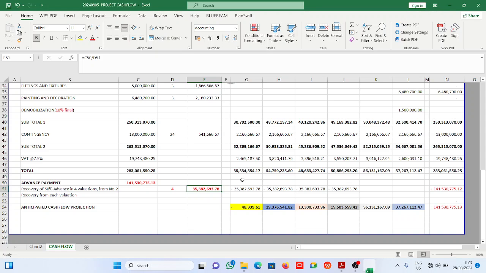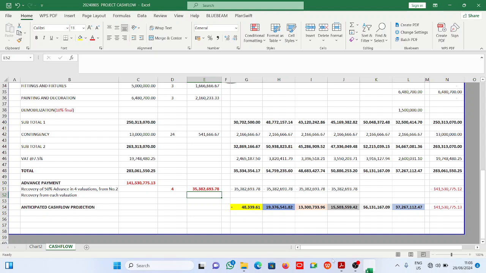But for a contractor, valuation number 1 is not advance payment, because at that time he has not done any work. It was just some money given to him to buy materials with. So for a client, advance payment is his valuation number 1. However, for a contractor, his valuation number 1 is the one for which he has worked.